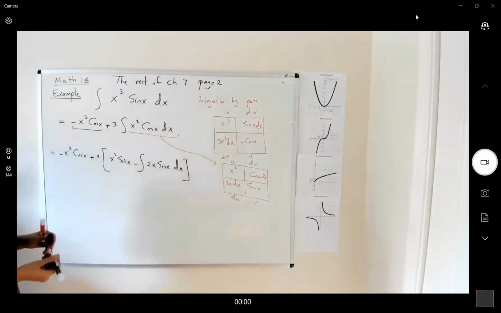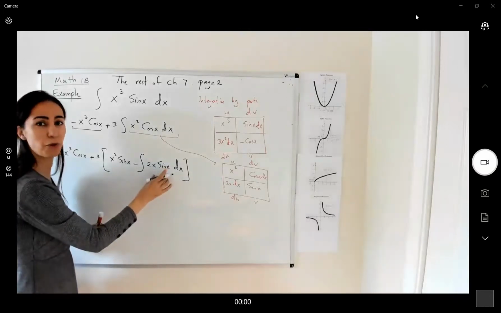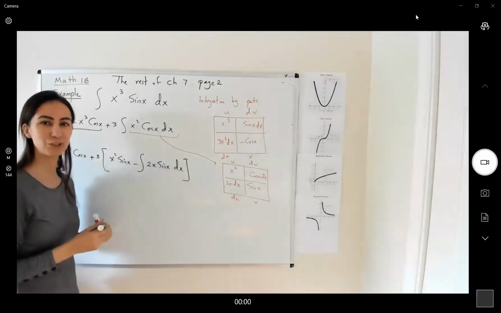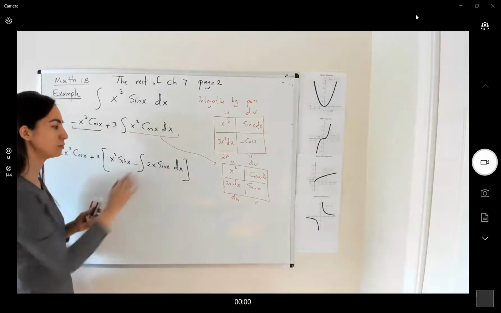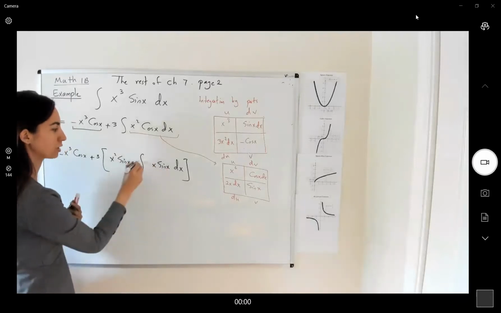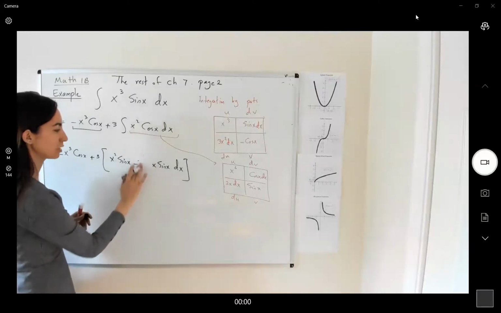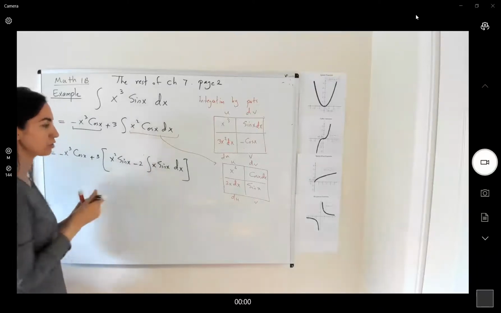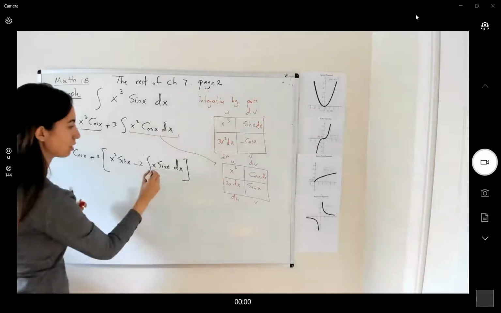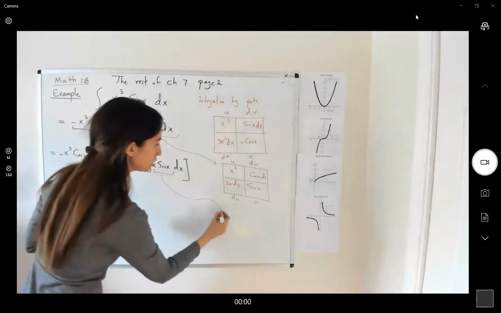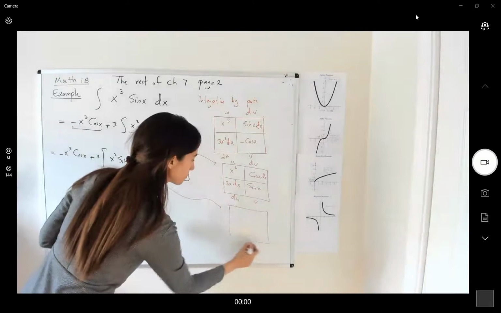Here you have to apply integration by parts one more time to get rid of this 2x times sine x. As usual, we can write 2 as the coefficient outside the integral, so we're going to get 2 times the integral. For this one, again, we're going to apply integration by parts.